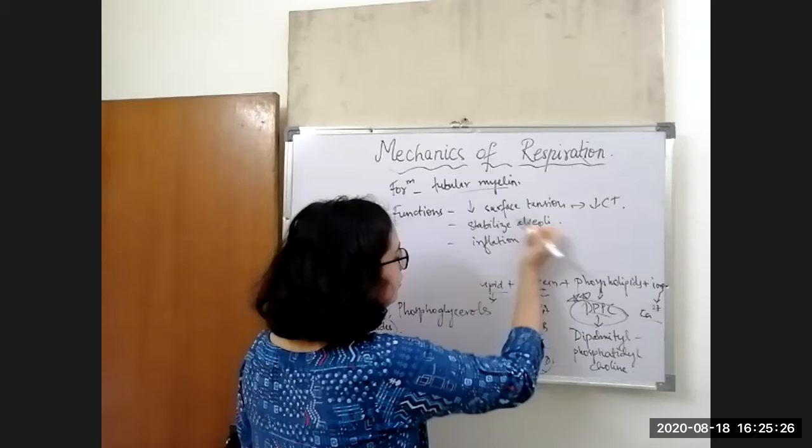Now what is the deficiency? Okay, so it is the last thing in surfactant. What will happen if there's a deficiency of surfactant in your lungs? It will cause a condition known as ARDS, that is acute respiratory distress syndrome.